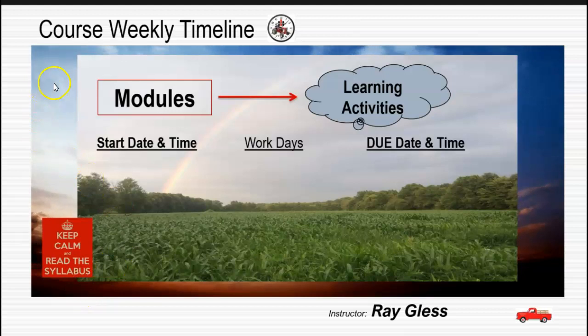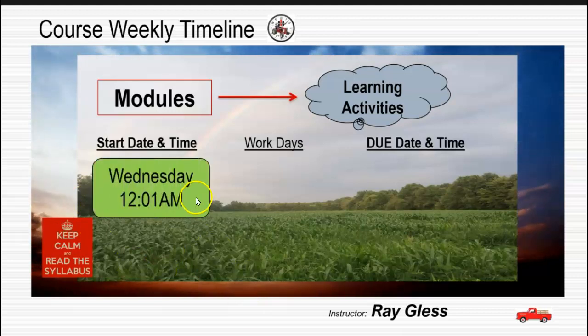The way we have our course weekly timeline set up, it's in modules. Each week has a module that you'll follow, and in that module there are the learning activities. The timeline goes like this: on Wednesday at 12:01, the module will be opened up for that week. And that week goes from that Wednesday to the following Tuesday.